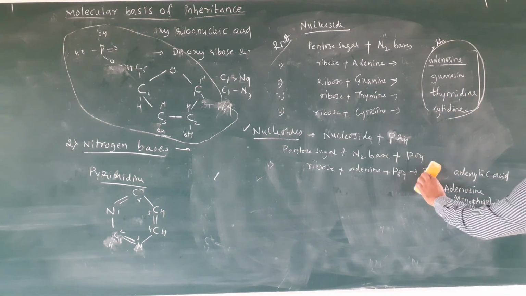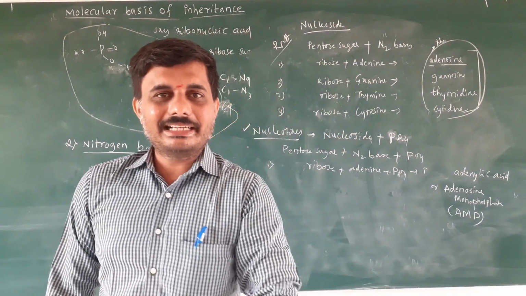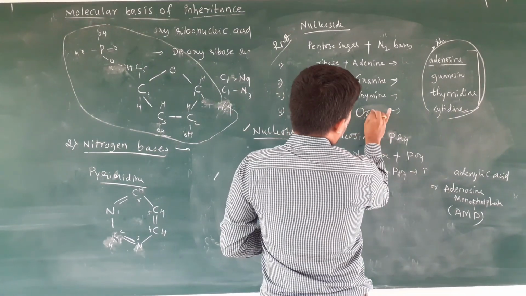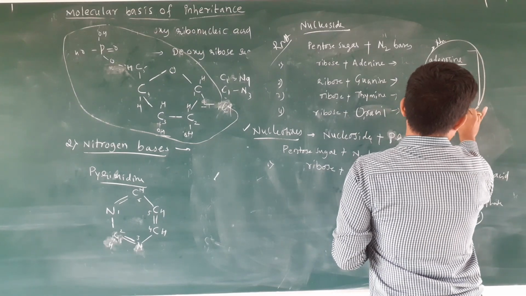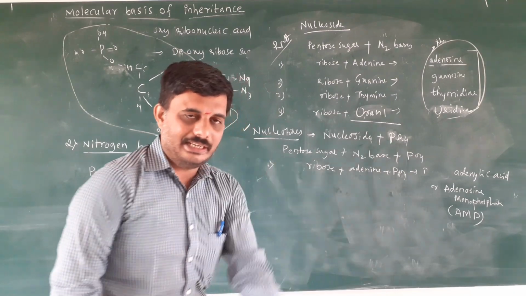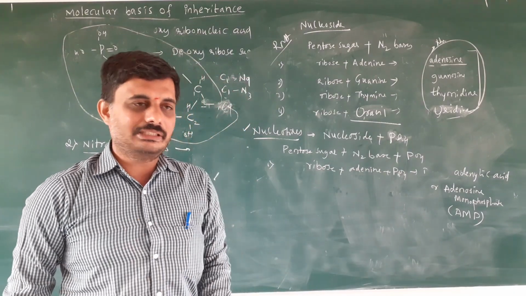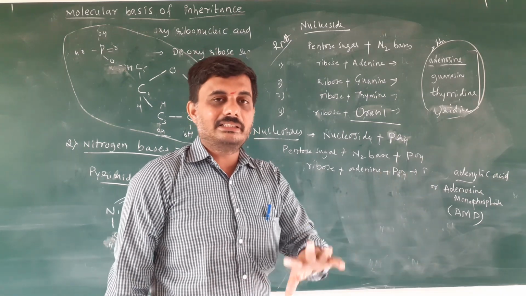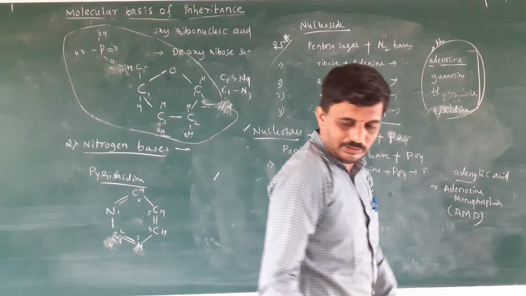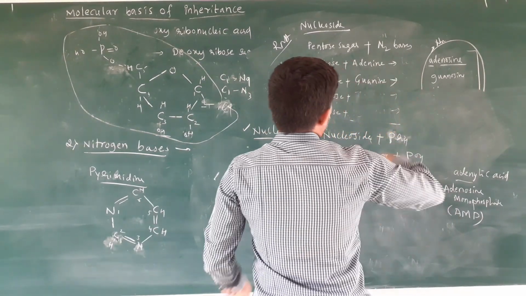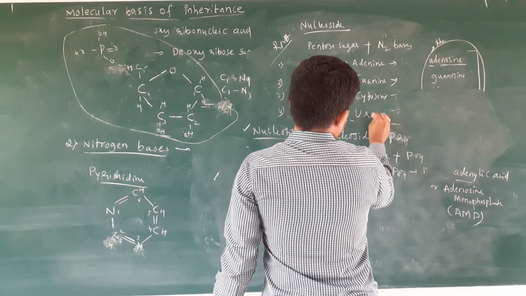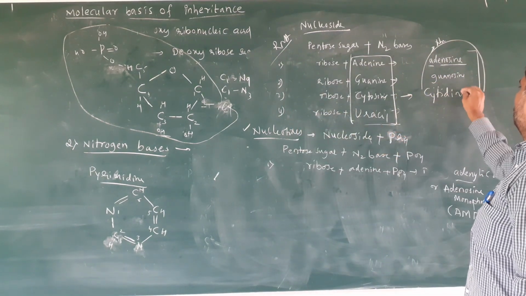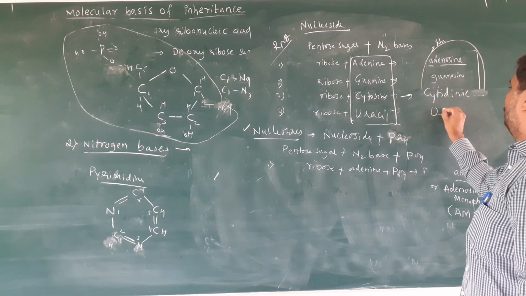So it is called adenylate acid, guanylic acid, cytidylic acid, and uridylic acid. Thymine is absent in RNA, which has uracil instead. DNA has thymine, while RNA has cytosine and uracil as nitrogen bases: cytidylic acid, cytidine and uridine.